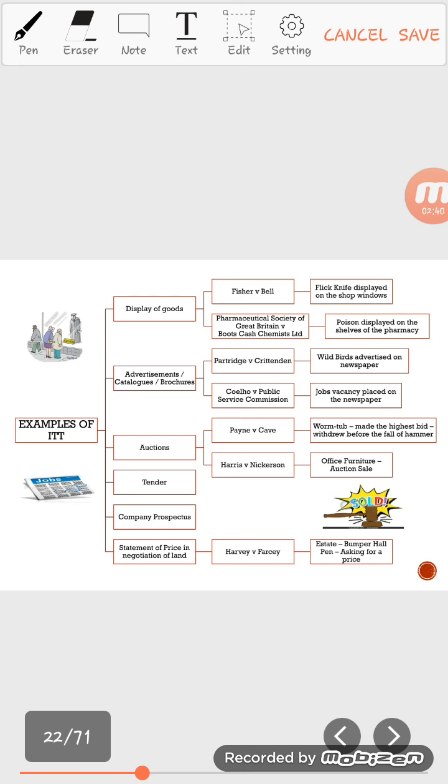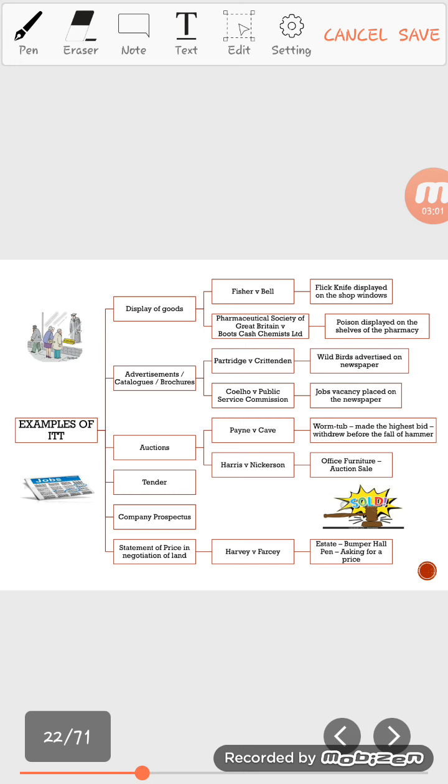But if you can see, in this case, actually the pharmacist was standing at the cashier's desk. So we need to consider whether the display was an invitation to trade or not.